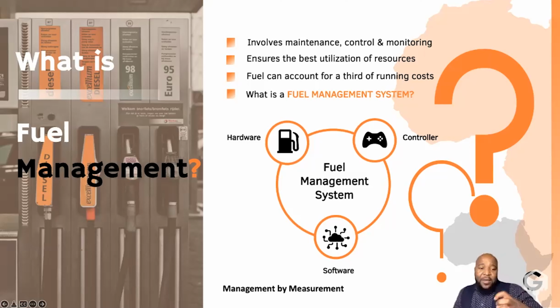Together, that enables fleet managers to have access to information that can assist in controlling fuel consumption within their fleets. And Geotab's fuel reports help to measure and track how or where fuel is actually consumed a lot. Now, we will have a look at some of these reports a little later on in the session.